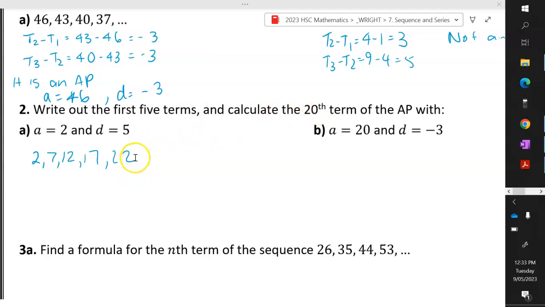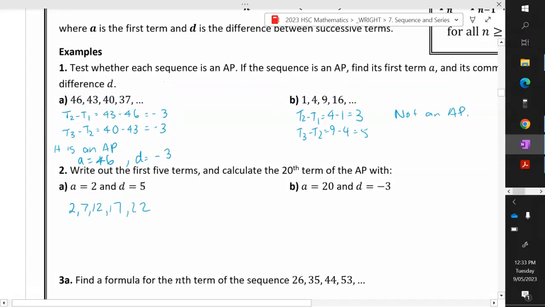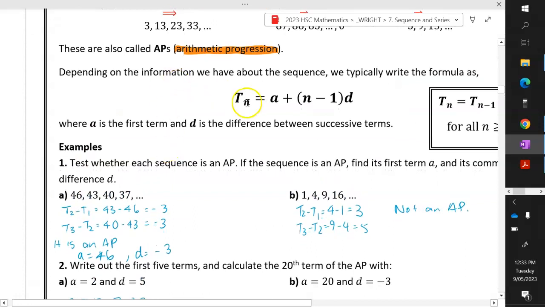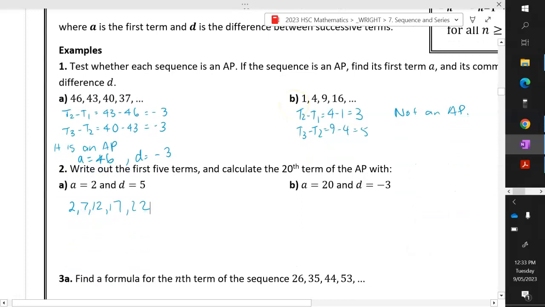Now, it is going to take too long to keep adding 5 along, because they could ask us in a question to calculate the 100th term, in which case we are not going to go term by term, but there's a formula up there. We've said that this is an AP, and the formula for the nth term is this one here. So term n is A plus n minus 1 D. So let's pop that formula down.